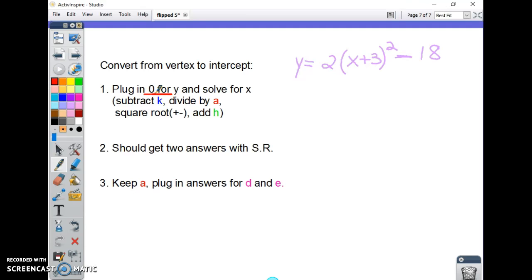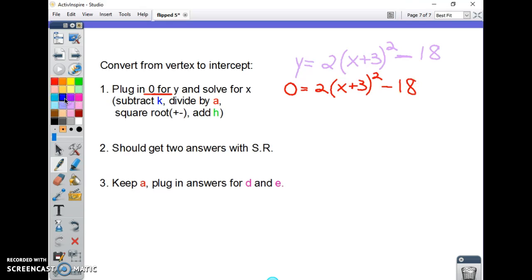I also wrote parenthetically the process in which to solve for x, and it's very important that you follow that process every time. So the first thing we do, plug in 0 for y, and we have 0 equals 2 times the quantity x plus 3 squared minus 18. So let's follow this one step at a time.